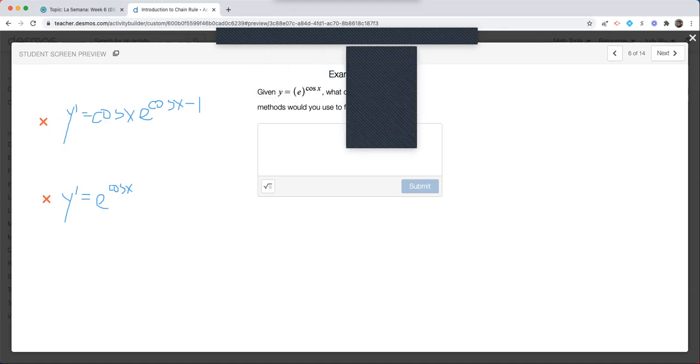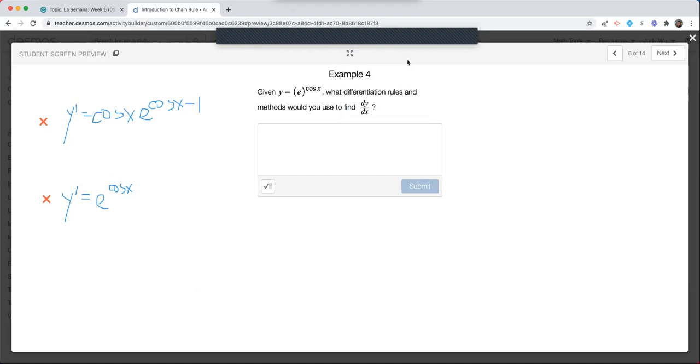And so one thing that we'll see by the end of today is that the correct answer would actually be y prime equals e to the cosine x times negative sine x.